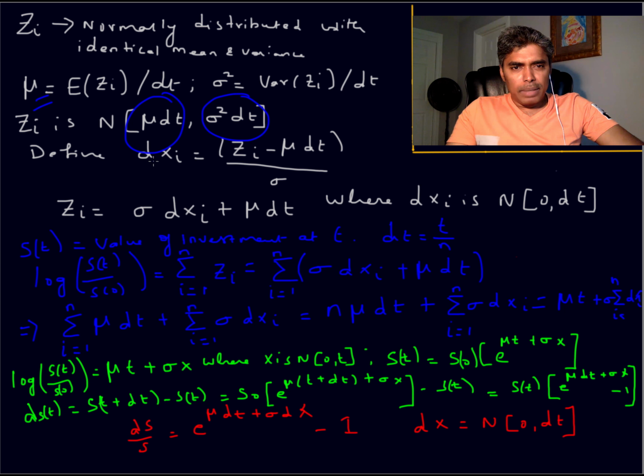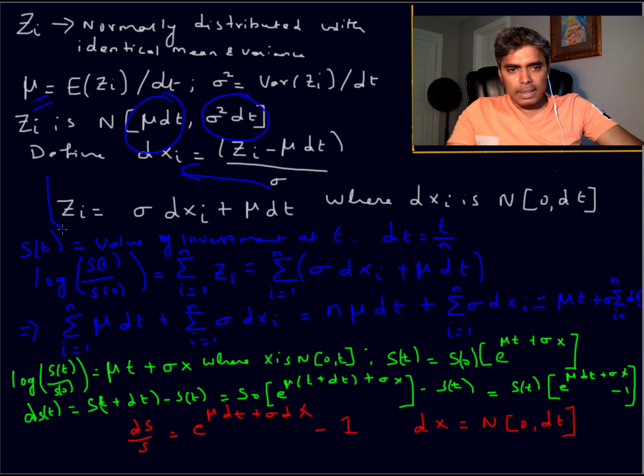With that, I'm defining dxi equal to zi minus mu dt, divided by sigma. By making these changes, zi is going to be sigma times dxi plus mu dt.